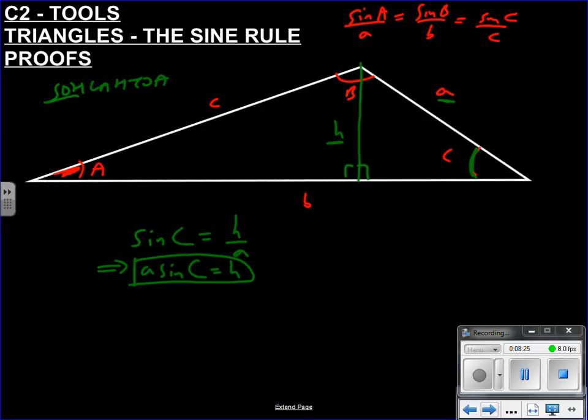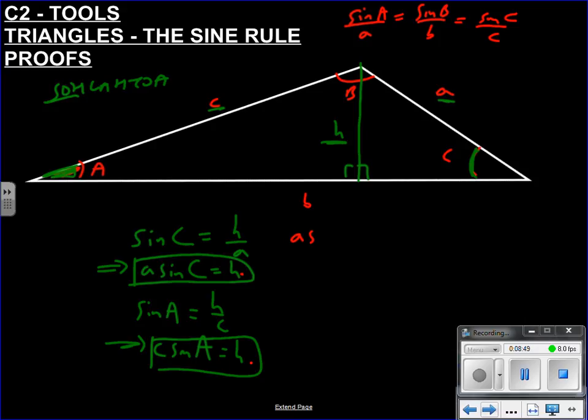That's interesting. Let's now work from this side here. So sine of A is the opposite over the hypotenuse. And therefore, c sine A is h, just by timesing up by c. h and h are the same.